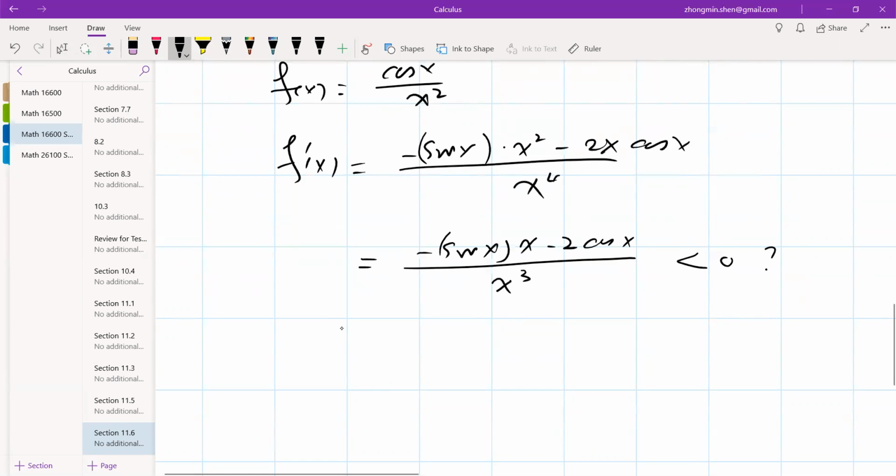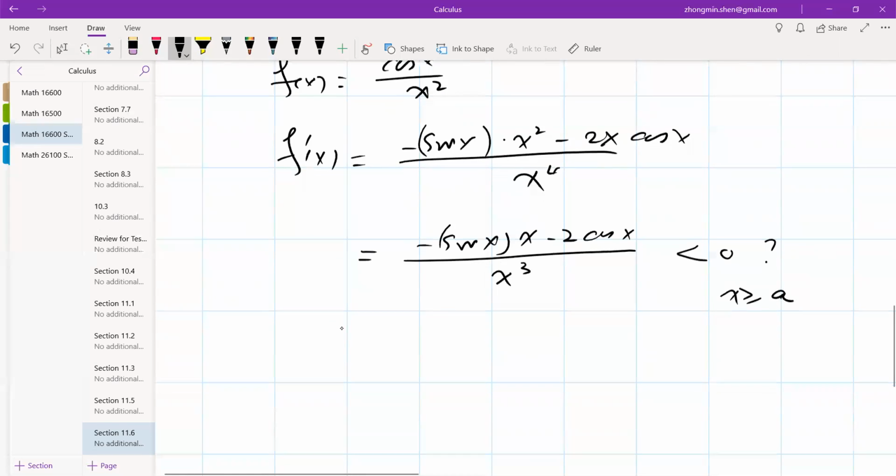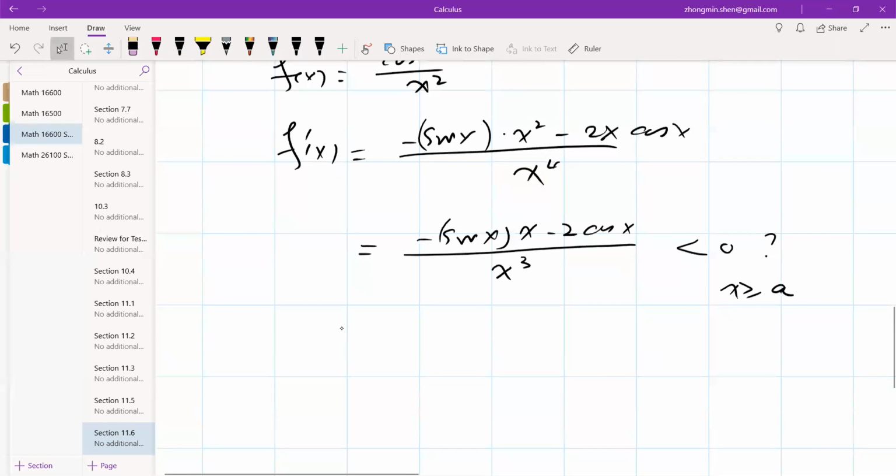For sufficiently large n, sine x may be very small, so that sine x times x is still smaller than 2 times cosine x. So stop here. Okay, this idea does not work.